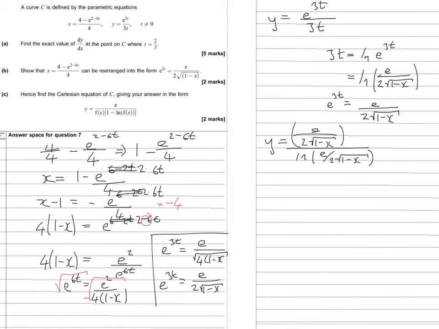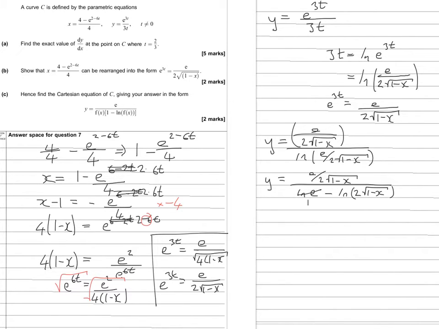When I divide, it is the same as subtraction. So this is equal to, within the natural log, e over 2 root 1 minus x over ln e minus ln 2 root 1 minus x.